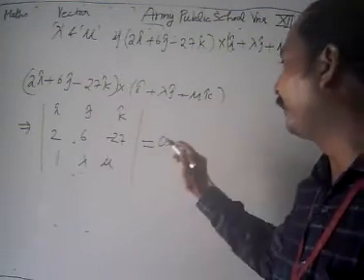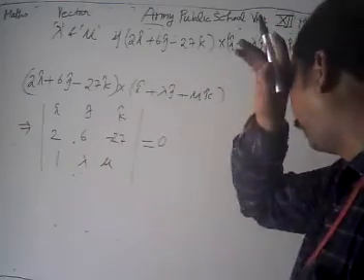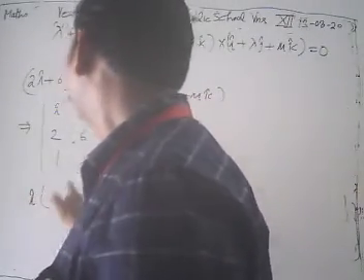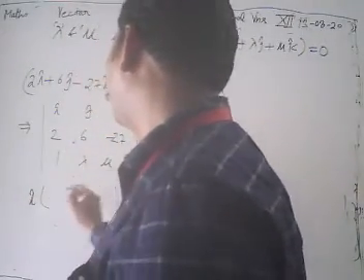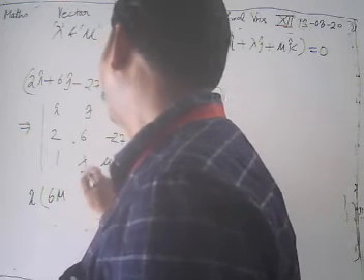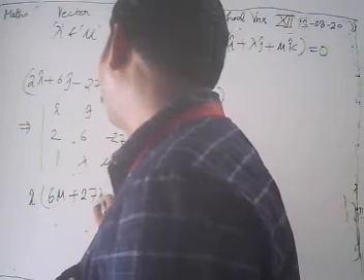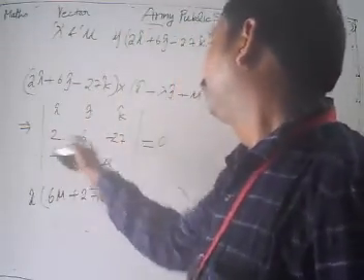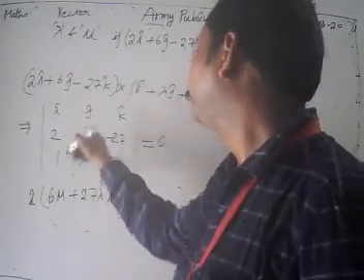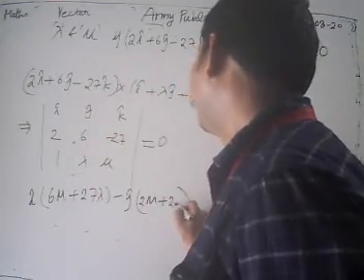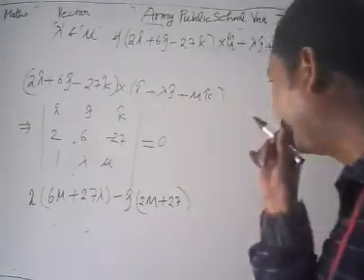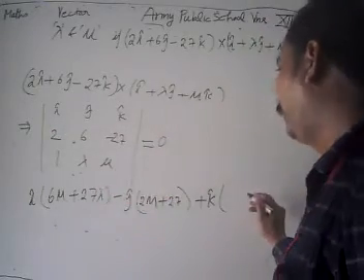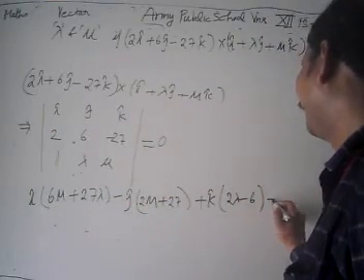Look, we are going to expand this determinant. What do we get? From the respective rows and columns, we get i cap times (6 mu plus 27 lambda), minus j cap times (2 mu plus 27), plus k cap times (2 lambda minus 6), equal to 0.